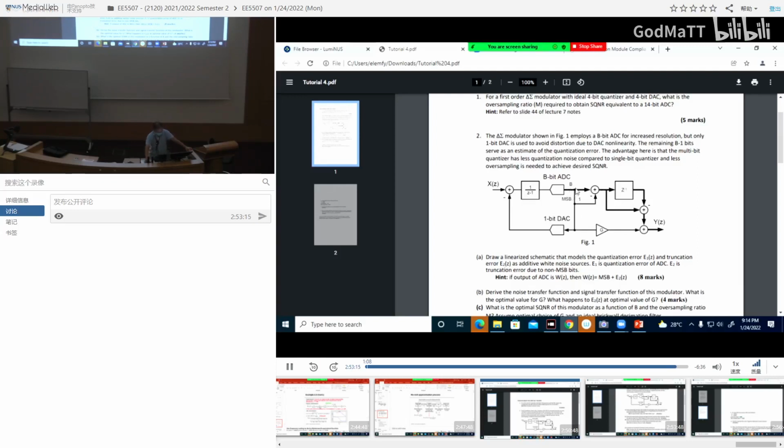With this, you should be able to derive the noise transfer function. And I ask you what is the optimum value of G.